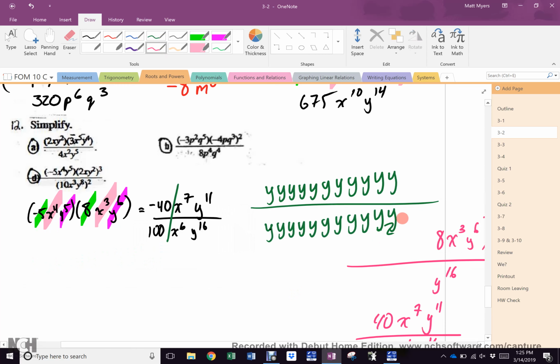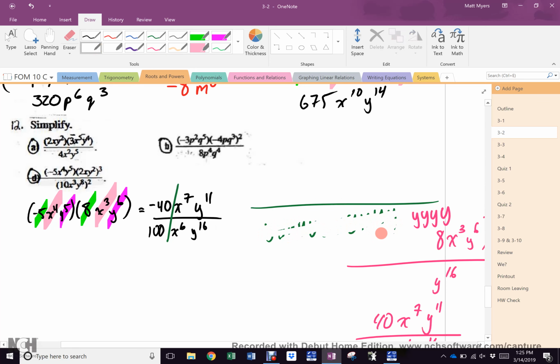But there are 1, 2, 3, 4, 5 more, correct? What happens to these 11? They're gone. And what's left there? 5 y's, which is what we had in the answer.